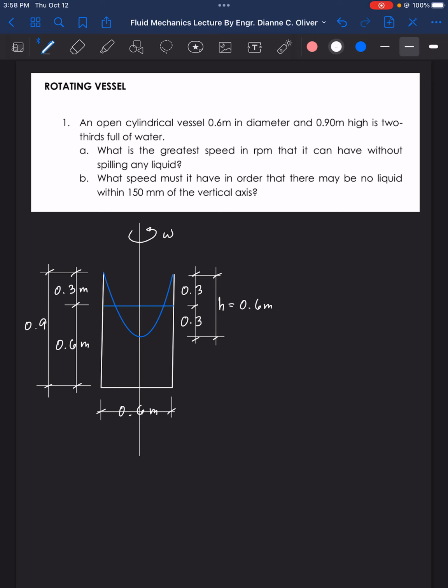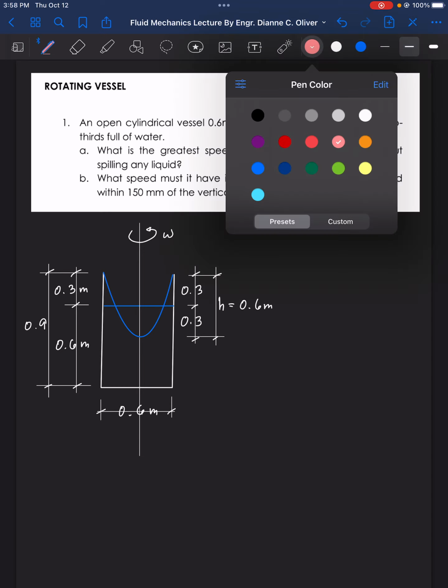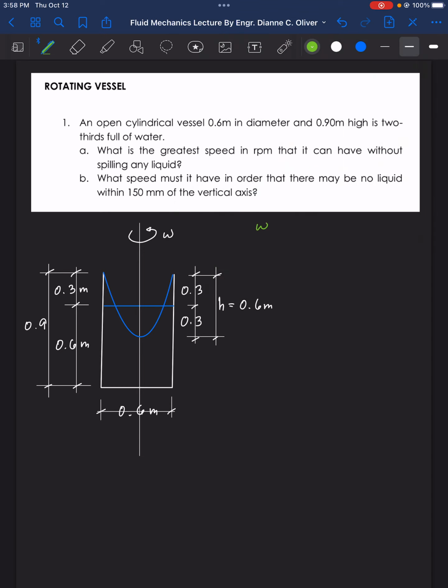So we are looking for the angular speed omega. So in the formula, our formula here is h equal to omega squared r squared over 2g.